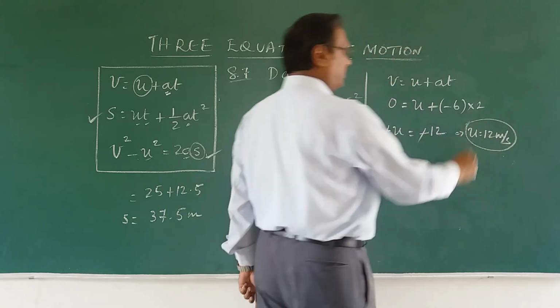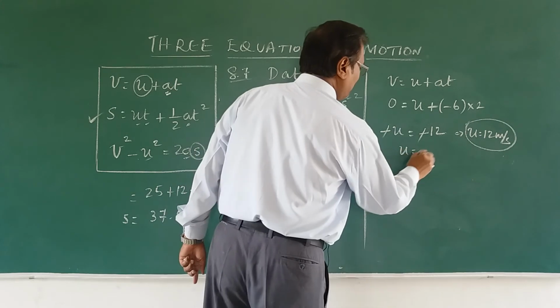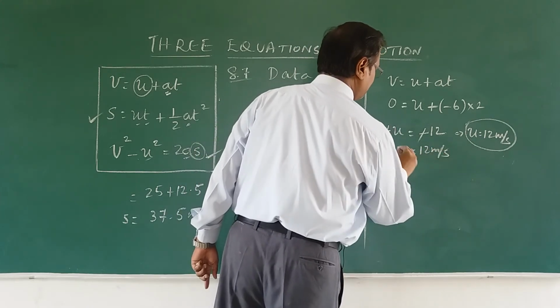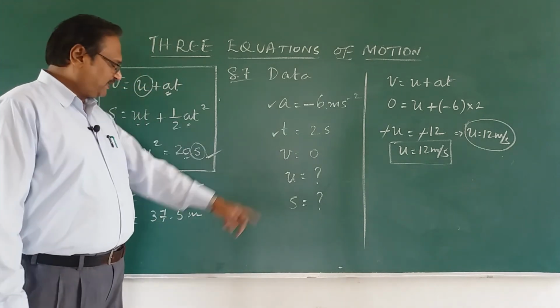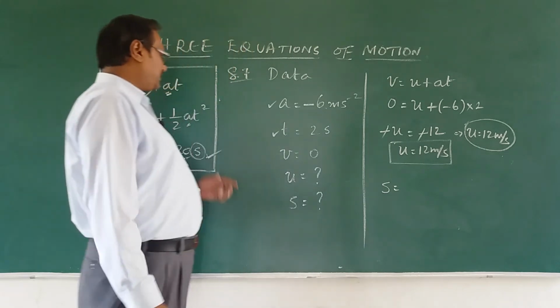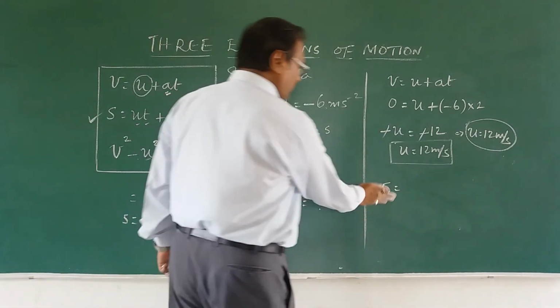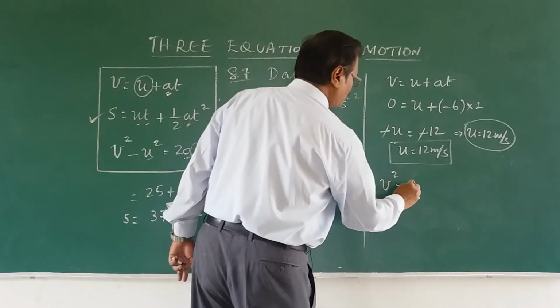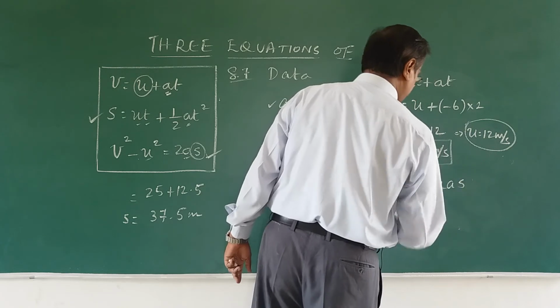I got one value: U is equal to 12 meter per second. Now the second part, displacement or distance traveled. I can use any of the formulas. This time I will use V square minus U square is equal to 2AS.